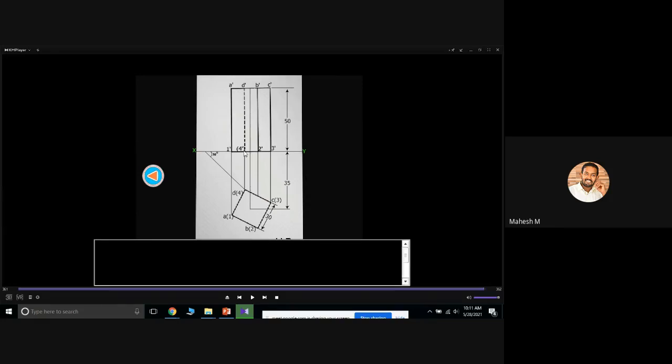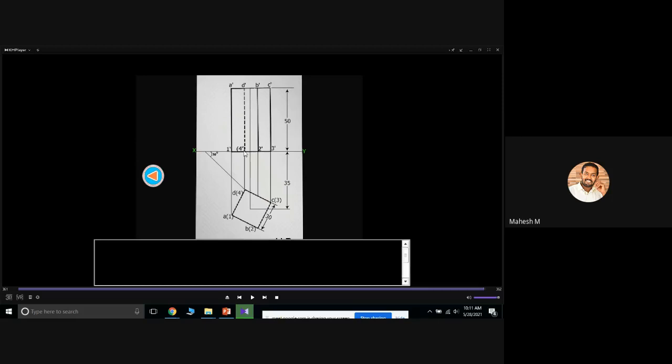Okay, so after this we have to draw an inclined front view and inclined top view, based upon different conditions. In that second front view and top view, we will mainly have 4 conditions. Majorly you will have 4 conditions. So what are the conditions?